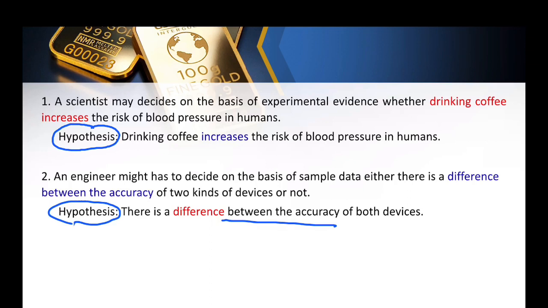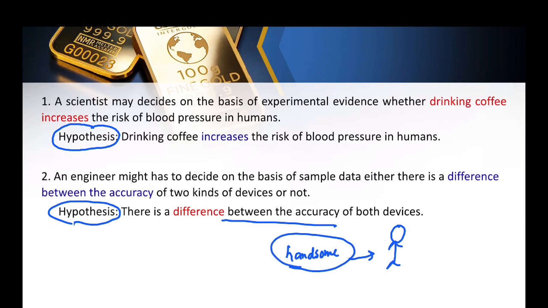So a simple example. For example, you see a boy from behind and then you say, wow, that boy is handsome. From behind, you don't know. This is your hypothesis. This is your initial assumption.